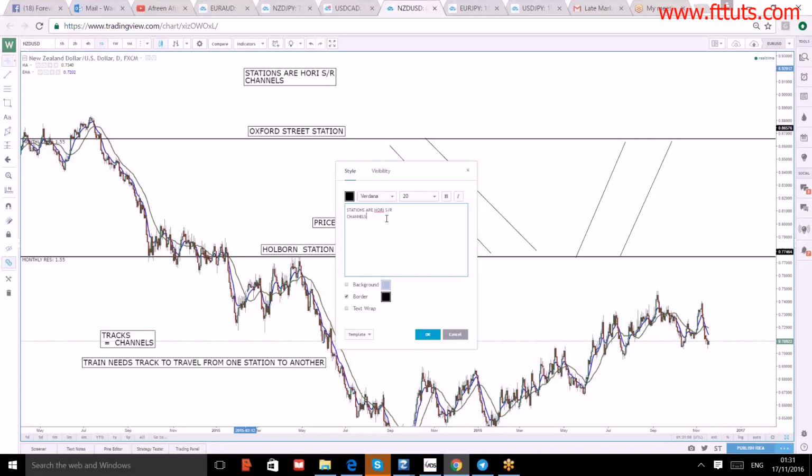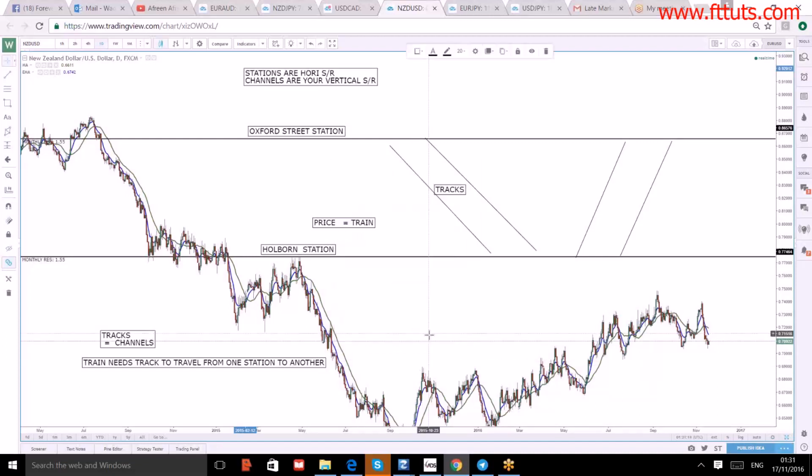And your channels are your vertical support and resistance, guys. Agree? Everyone understand this? Basic concept. These straight lines are horizontal support or resistance, which are your stations. These vertical lines are your vertical support and resistance, which are like channels, equal to tracks.